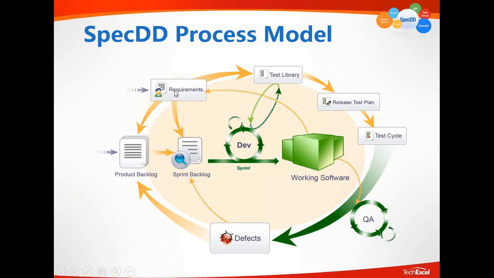The requirement stays. There are artifacts created specifically to represent the requirement. And such requirements not only serve the purpose of committing the sprint backlog for development, but they are also used to create a testing standard, the test cases living in the testing library.